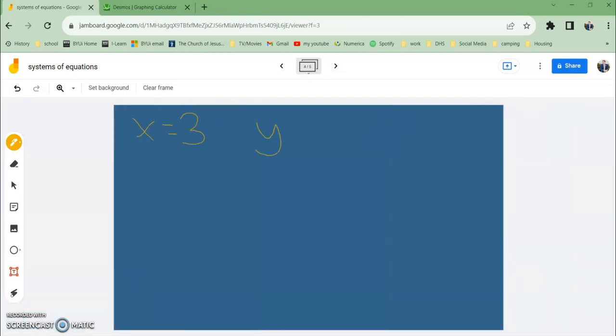So y equals 3x minus 7. We have x equals 3, so let's put that in. So y equals 3 times 3 minus 7, which is 9 minus 7, so y equals 2.